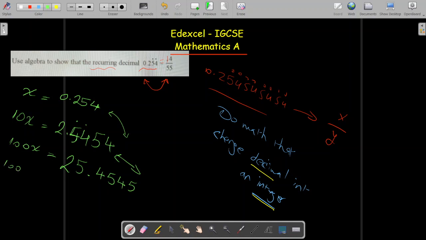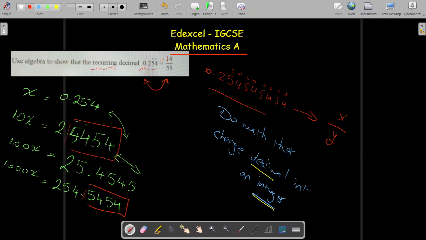Let's try to find the 1000x. 1000x means that I'm dealing with 2, 5, 4, and then I'm going to step one more decimal and add my decimal here. Now I need to compare the digits that you see in front of you in this one and this one.